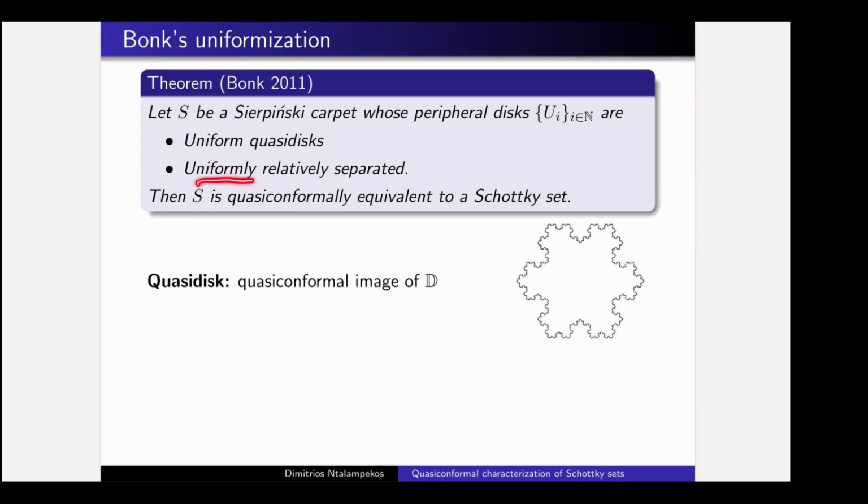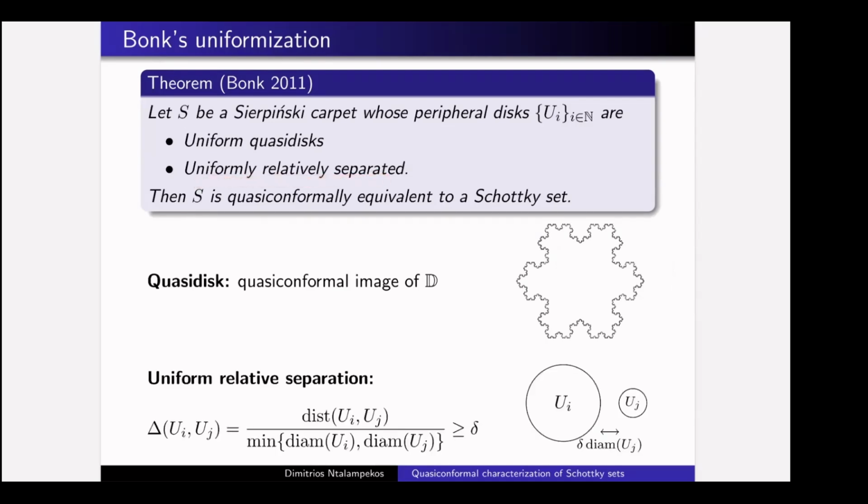Now, the second condition, it's a bit harder to define. For two regions U_i, U_j, these are the holes of the carpet, we define the relative distance to be the ratio of the distance divided by the smallest of the two diameters. And we require that this is uniformly bounded from below. Here one can use Euclidean or spherical metric.